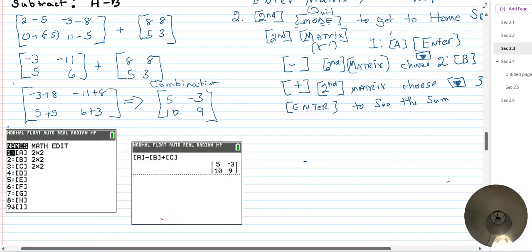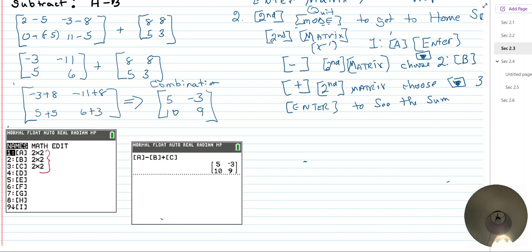So you can see that this is after we entered, this is after we gave it all the commands.